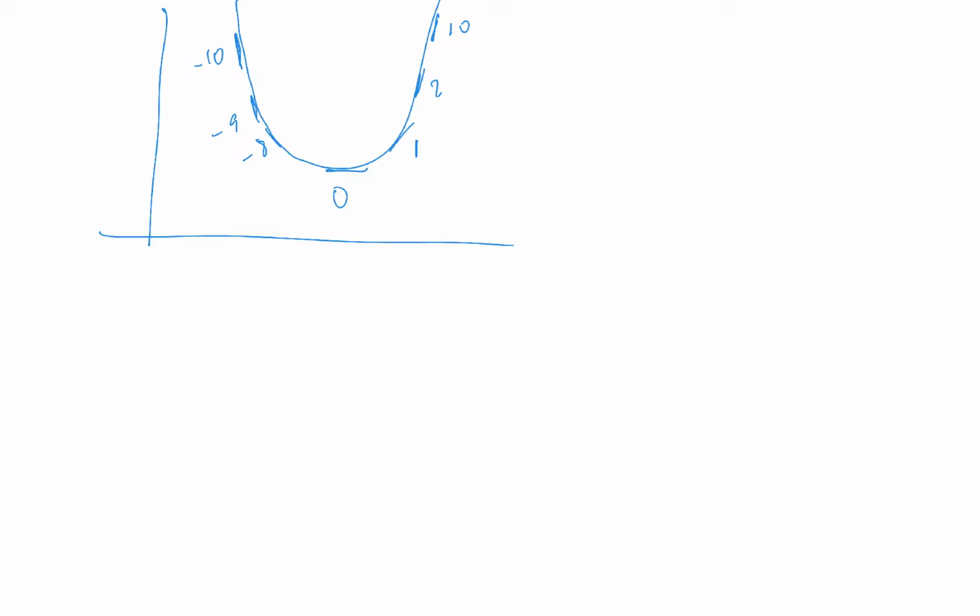What happened to the slope? The slope is changing when we walk from the left to the right. The change in the slope with respect to x is the derivative of the slope, the second derivative of y with respect to x squared.